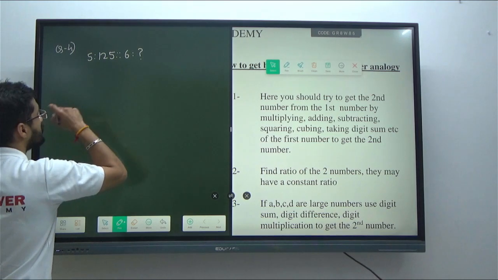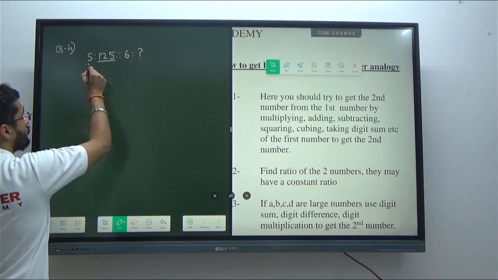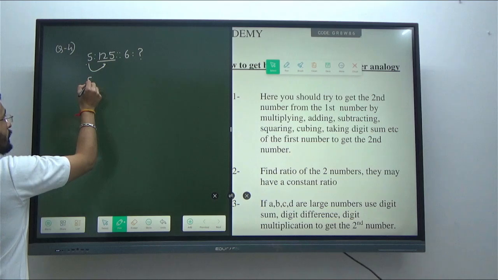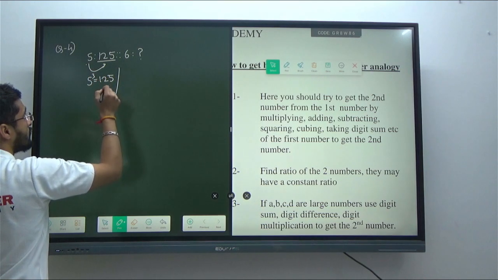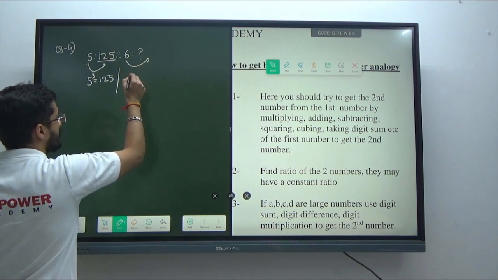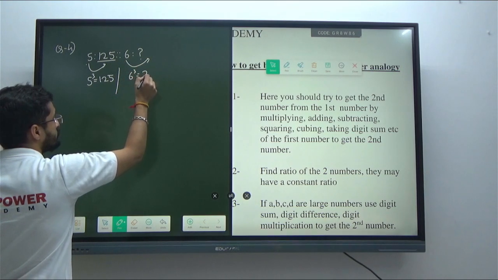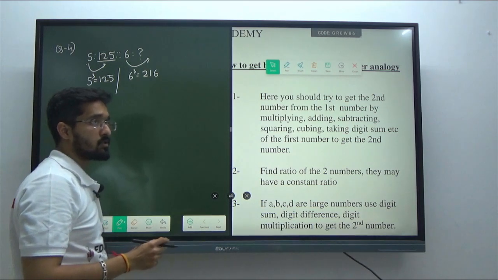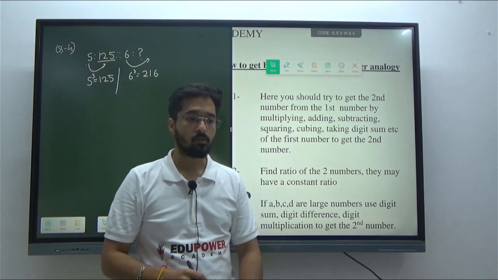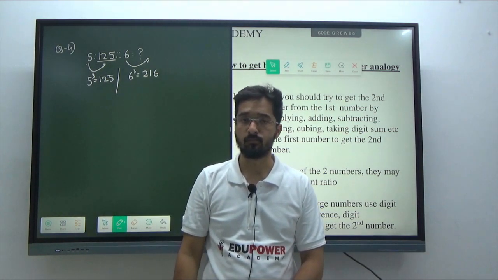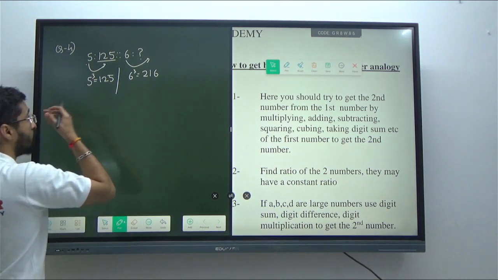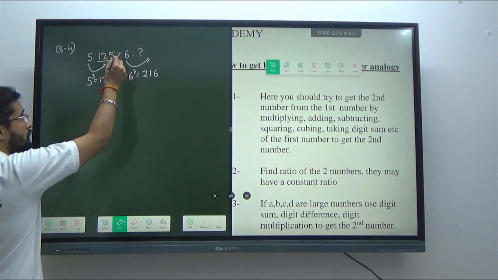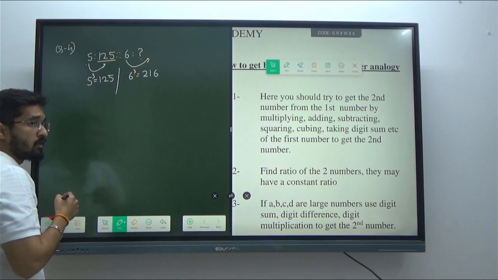We know that 125 is the cube of 5, right? 5 cube is equal to 125, so 6 cube is equal to 216. What we have done here is we have taken the cube. Cube of 5 is 125, cube of 6 is 216.